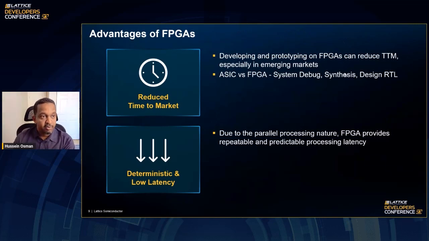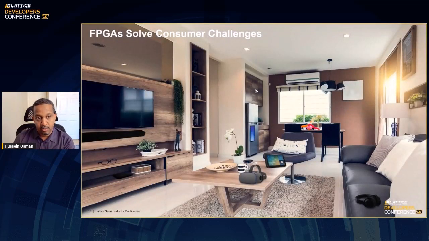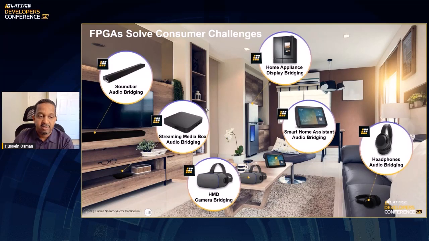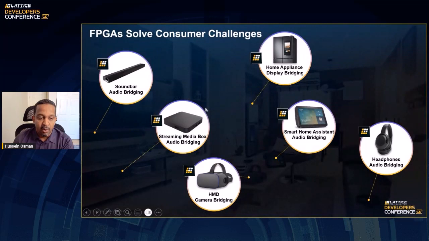Moving on to consumer applications. Normally you would hear that FPGAs are these larger, power hungry devices that are used for prototyping only. But over the past few years, I've seen designs for FPGAs all over different applications. Sound bars, audio applications, streaming media boxes.